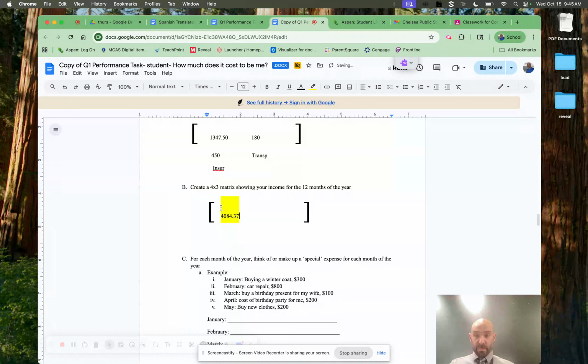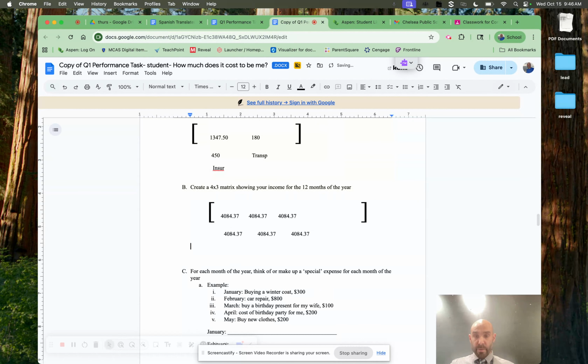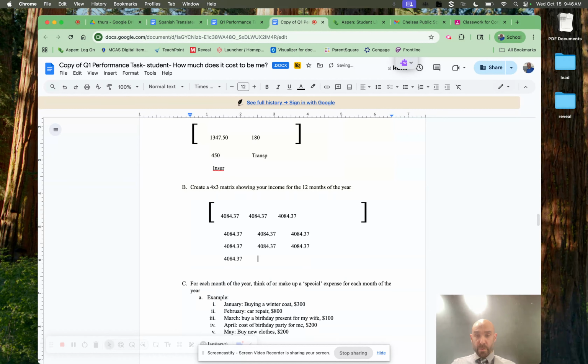So that's January, February, so in this case it's going to be nice and easy because that's February, that's March, April, May, June, July, August, September, October, November, December.